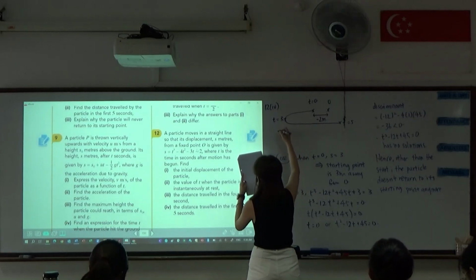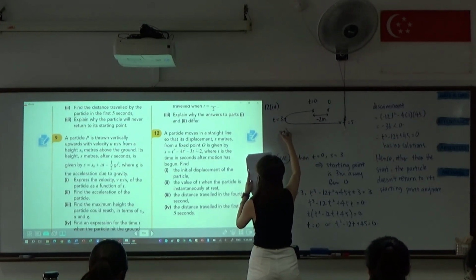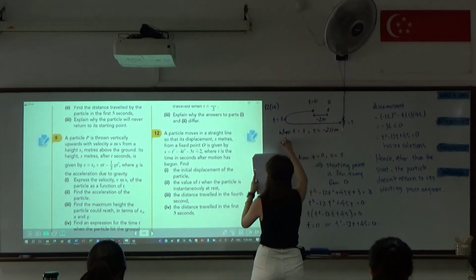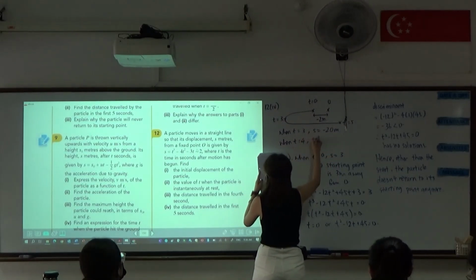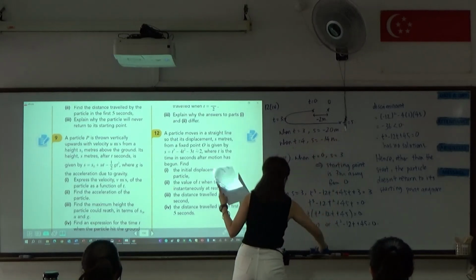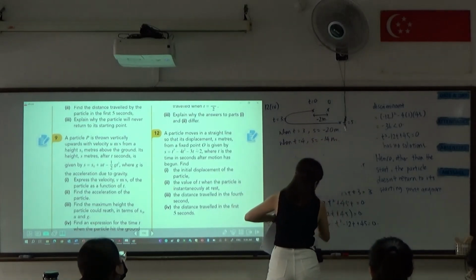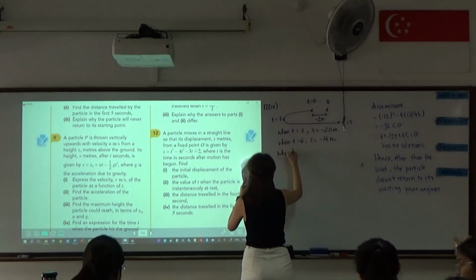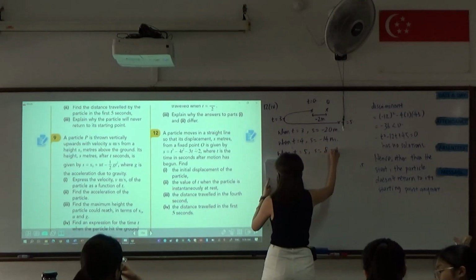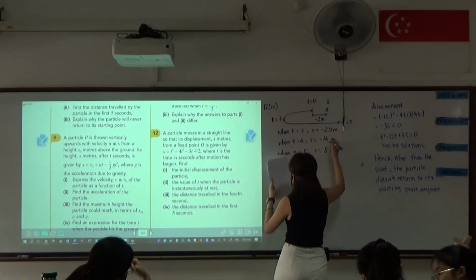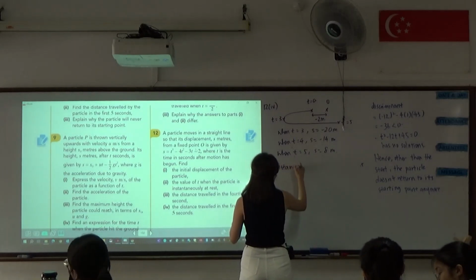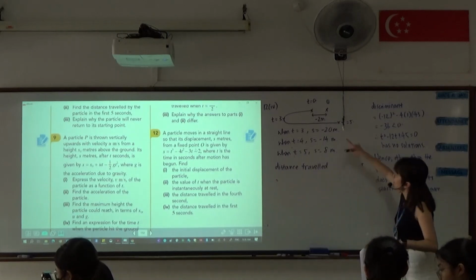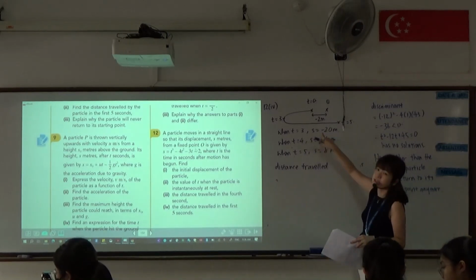In part 3, you would have found that when t equals 3, s equals negative 20 meters.